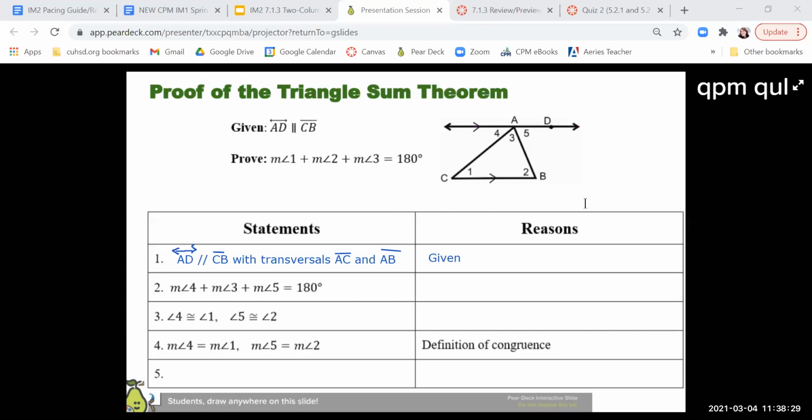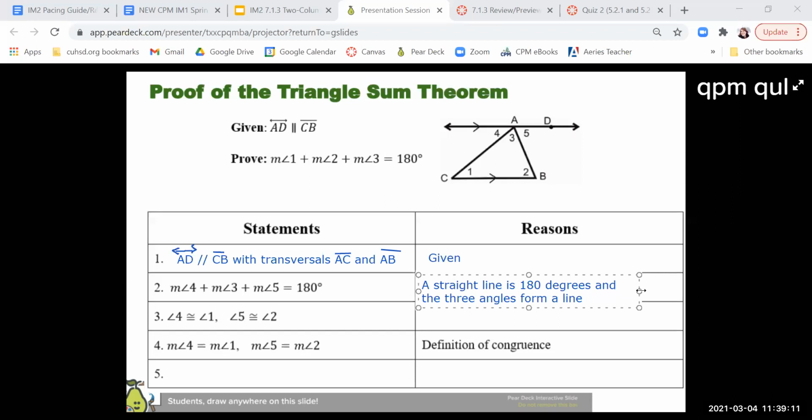So what we're going to do is sort of explain that in our reason. So we're going to explain that a straight line is a 180 degree angle, and the three angles form a line.